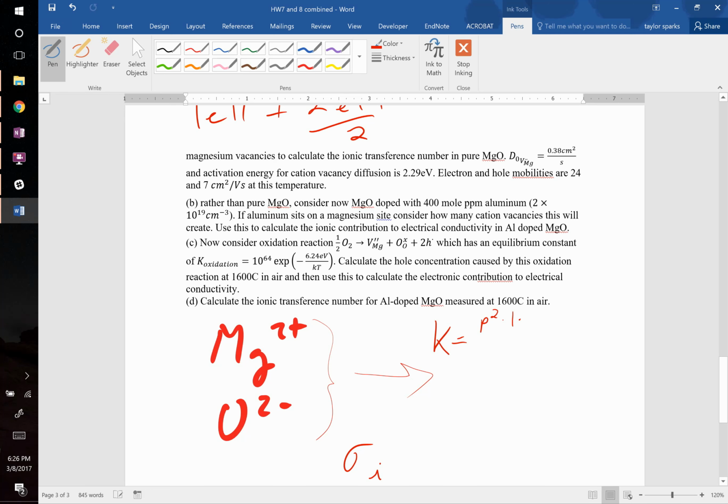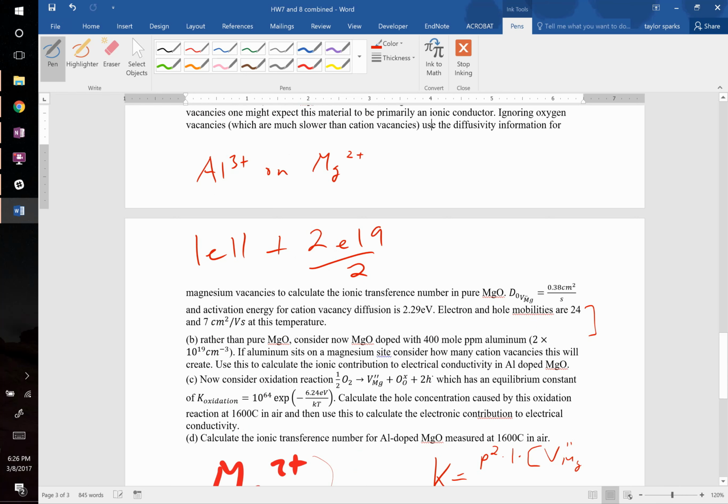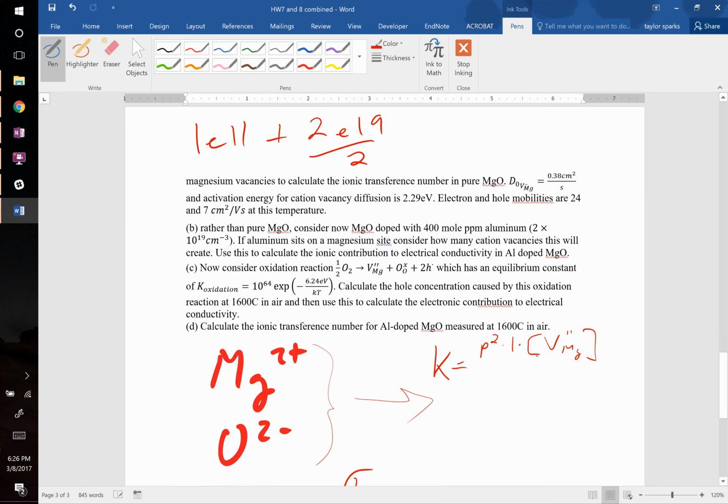It's 1, times the concentration of our magnesium vacancies. That will all be divided by the partial pressure of oxygen to the 1/2 power. And you know these things, so you can solve for P. Okay? Once you know that, it's pretty straightforward to wrap this one up.